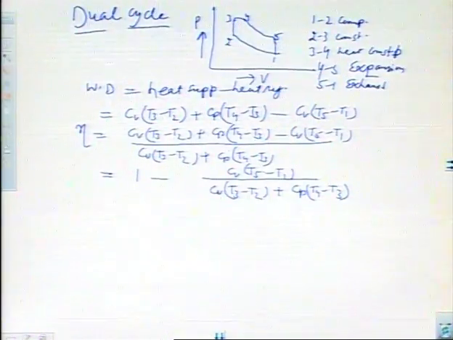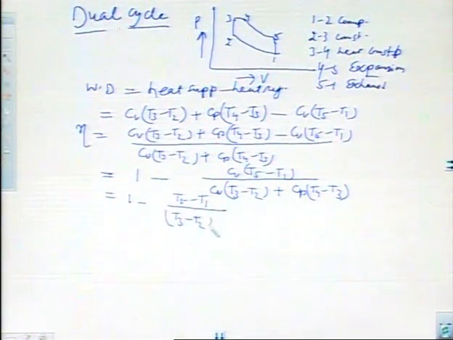Now, if you divide it by CV, you will get 1 minus T5 minus T1 divided by T3 minus T2 plus, CP divided by CV, that is gamma, T4 minus T3.